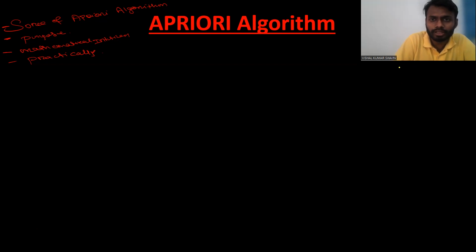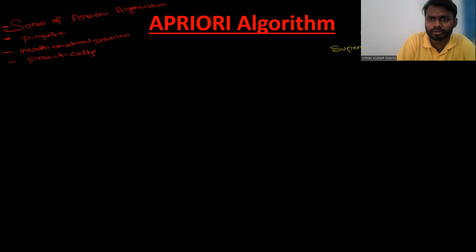So you know that machine learning is divided into how many types? Divided into 4 types, right? One is the supervised. Another one is the unsupervised.